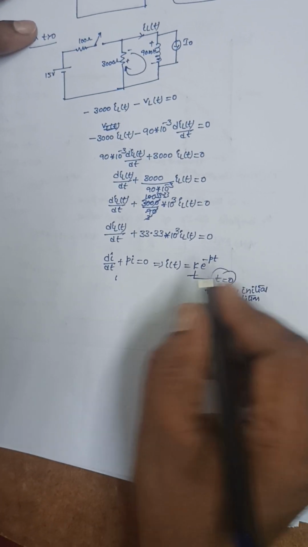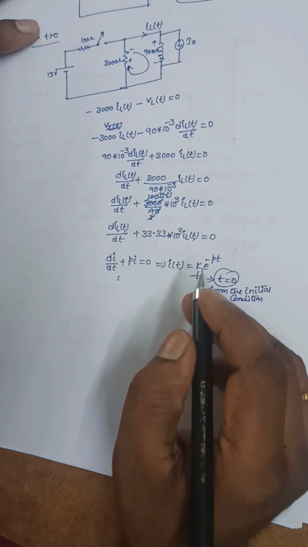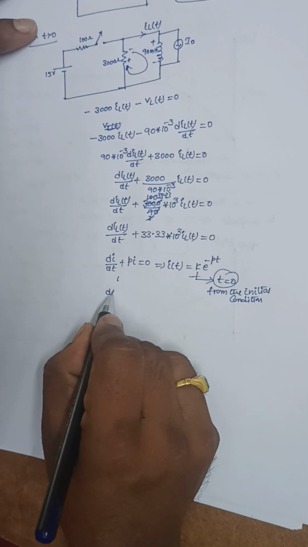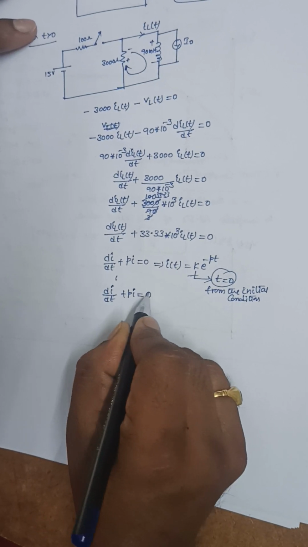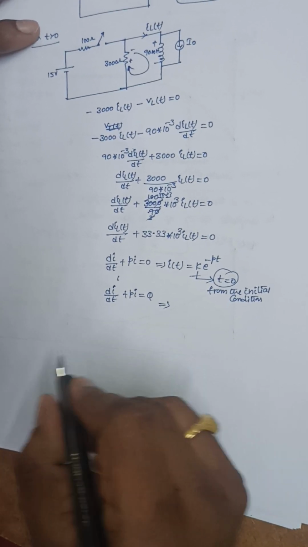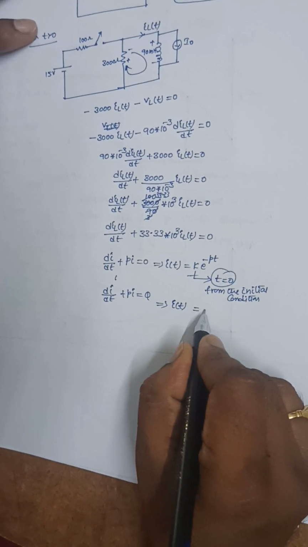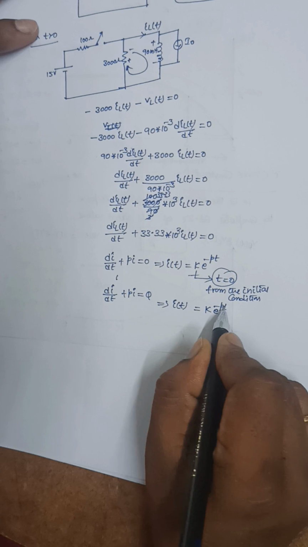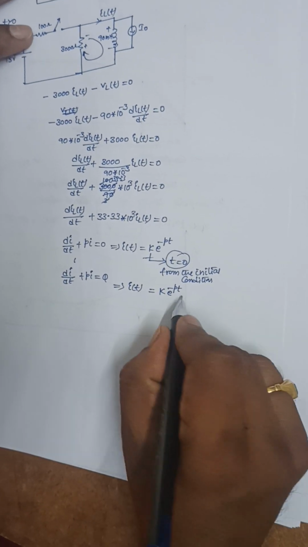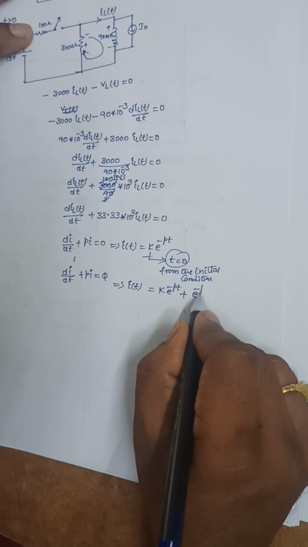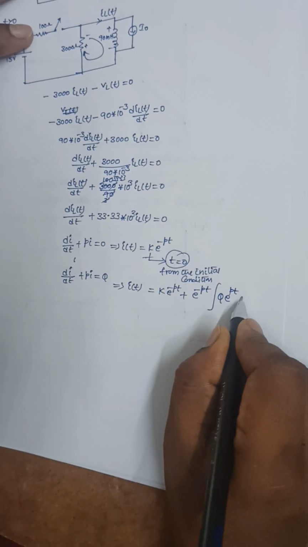Suppose this differential equation is non-homogeneous, that means it is di by dt plus p i is equal to q. For this type of expression, I of t is equal to k into e power minus pt plus e power minus pt into the integral of q into e power pt dt.